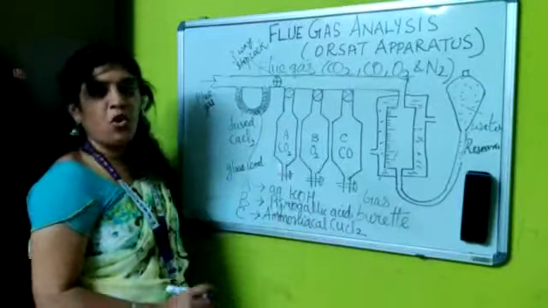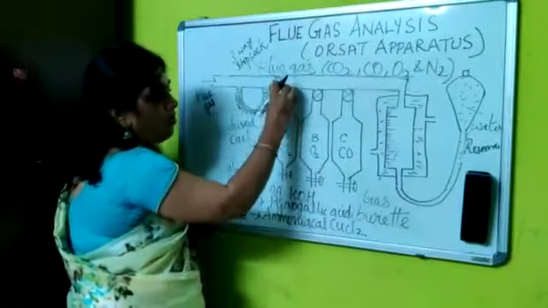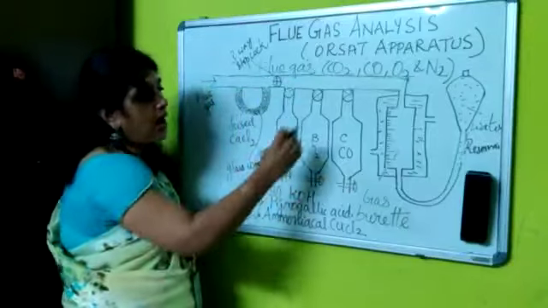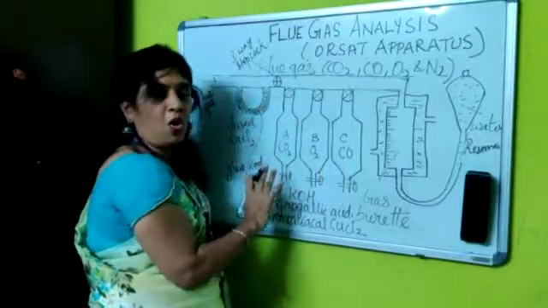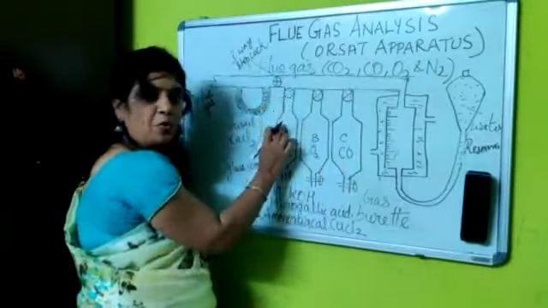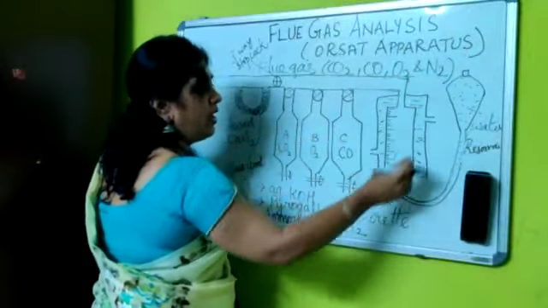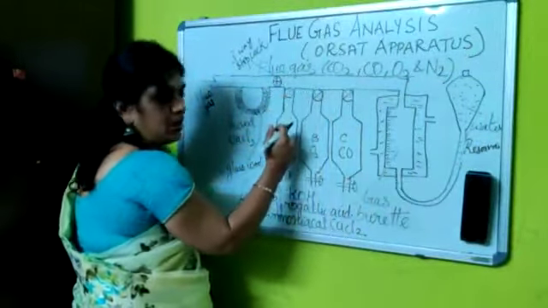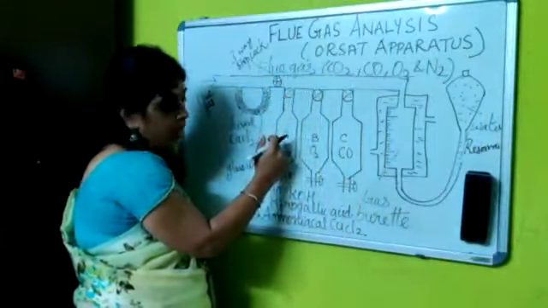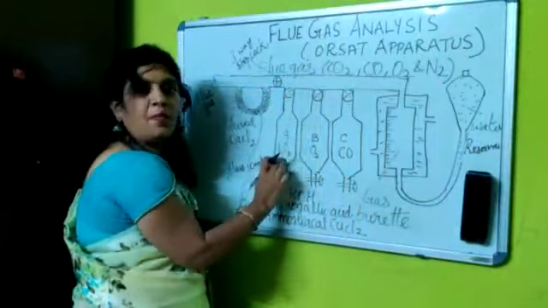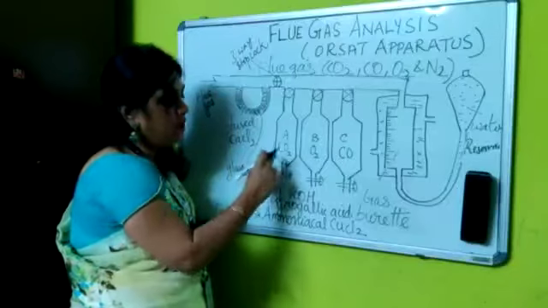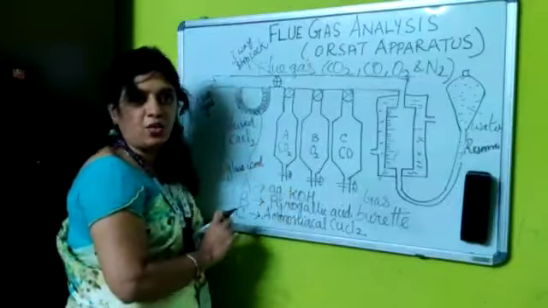Initially we are going to open only A, and B and C are as usual stoppered. So only absorption bulb A is open. Now by raising the water reservoir, the gas is pushed into the absorption bulb A so that the carbon dioxide present in the flue gas will be absorbed by the aqueous KOH solution.